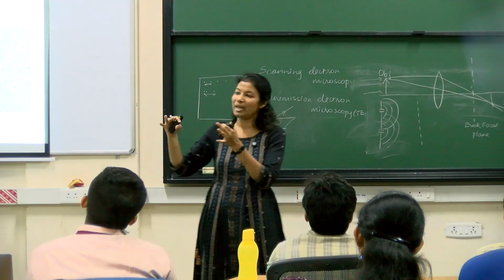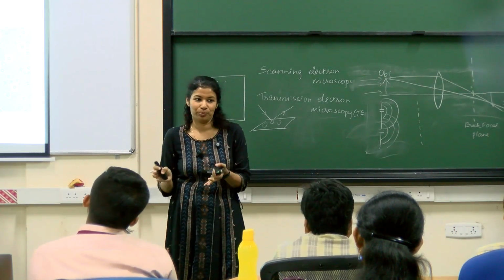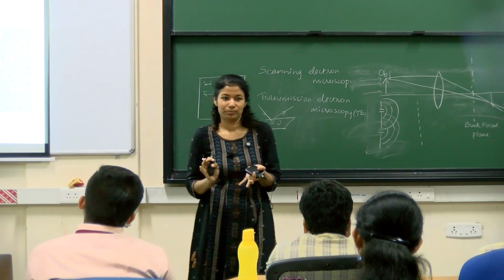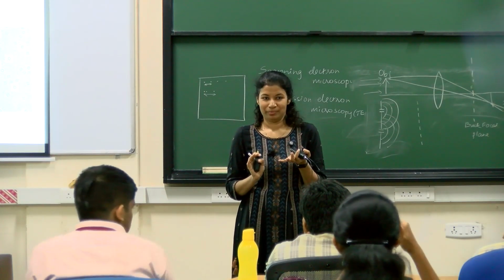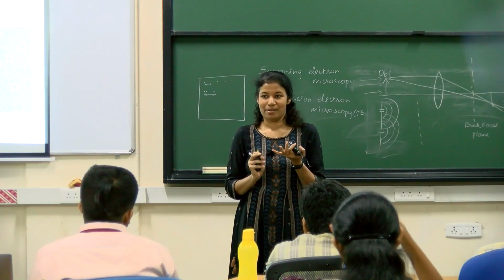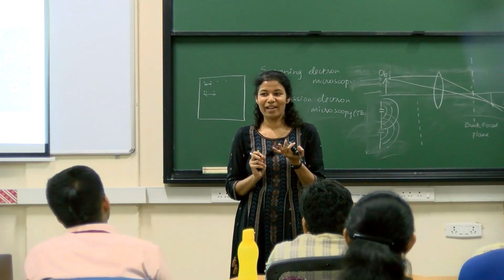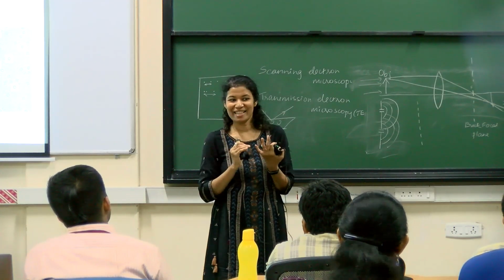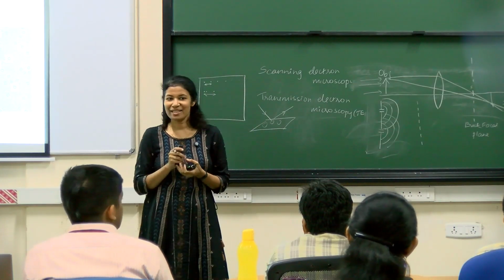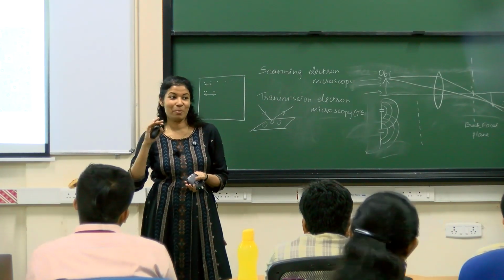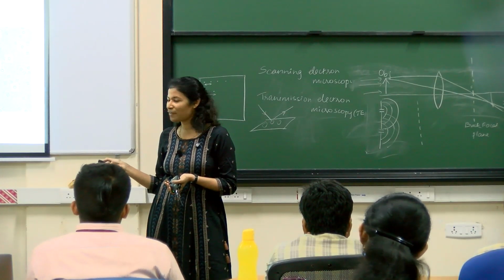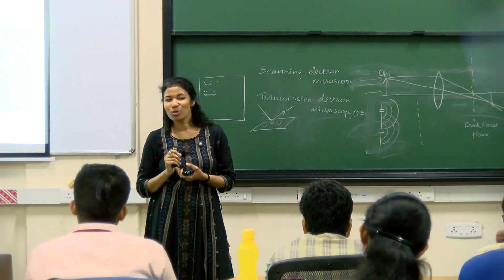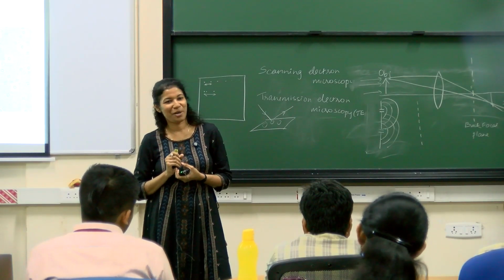How will I reconstruct a 3D volume? I think you all know light microscopy very well, so all of you have said slices, but slices is correct only if it is a big object. Now I'm talking about a size of 5 nanometers. No stage can slice at 5 nanometers.